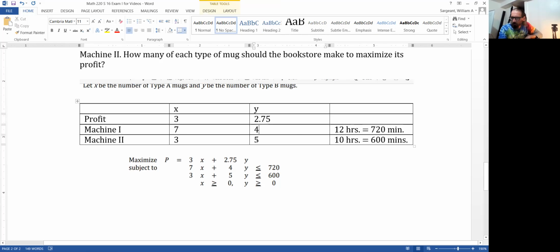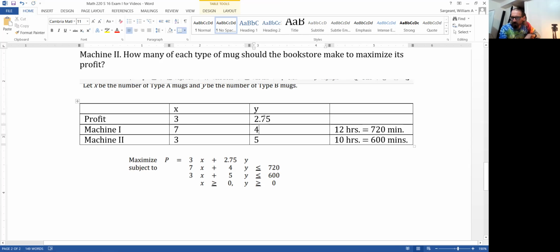The most profitable arrangement here may leave you with some slack time on machine 1, or it could be on machine 2. So it's not going to be exactly equal to, it could be less than or equal to. Finally, 3x plus 5y less than or equal to the 600 minutes.